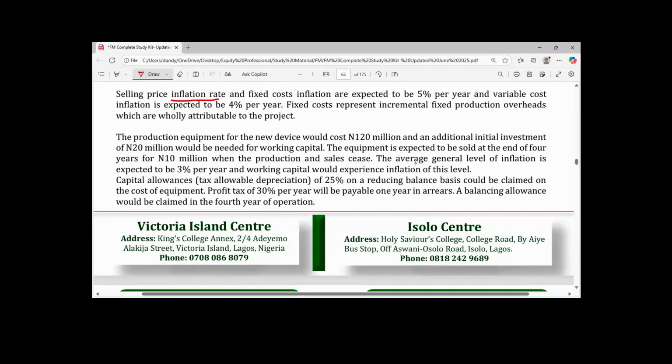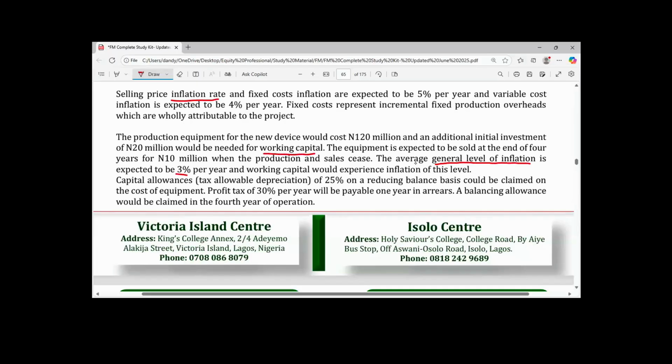The equipment is expected to be sold at the end of 4 years for 10 million naira. When the production and sales cease, the average general level of inflation is expected to be 3% per year, and working capital would experience inflation of this level.